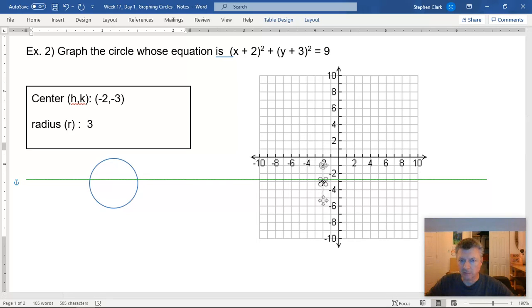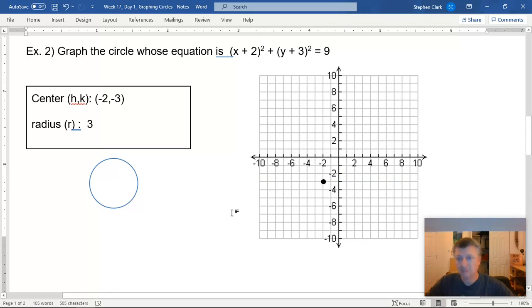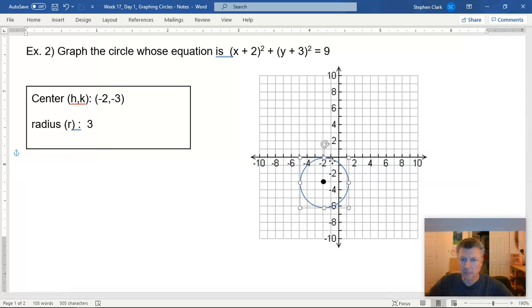Hopefully it's going to be somewhere around there. Good enough. All right, and the radius is 3, and that should already be set up because I just did it. So, there we go. So now it's off a little bit. It's a little tricky. Oh, there we go. That's pretty good. It's not perfect, but it's pretty good.